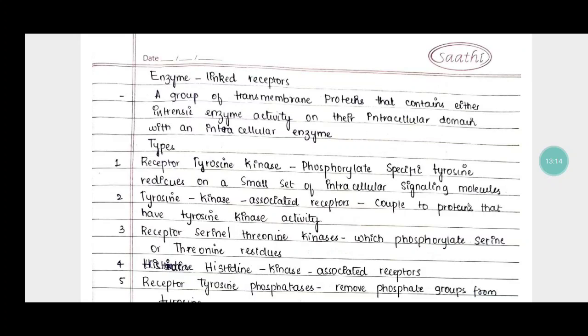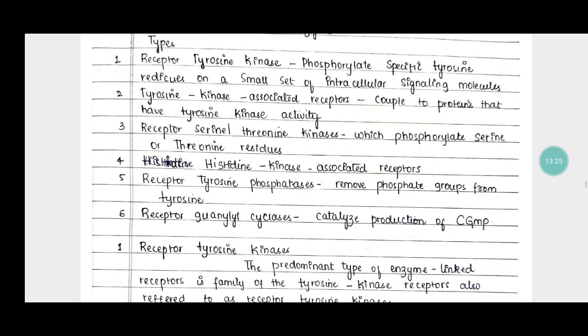The types of enzyme linked receptors are receptor tyrosine kinase, tyrosine kinase associated receptor, receptor serine and threonine kinase, histidine kinase, receptor tyrosine phosphatase, and receptor guanylyl cyclase.